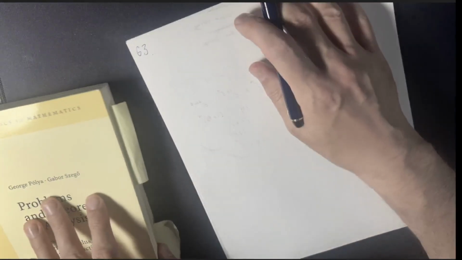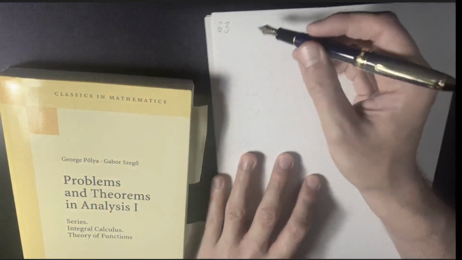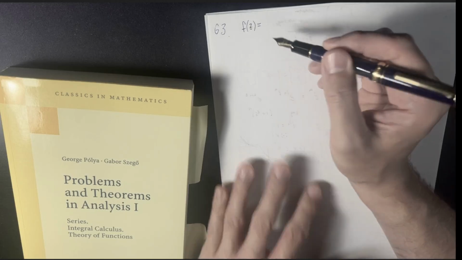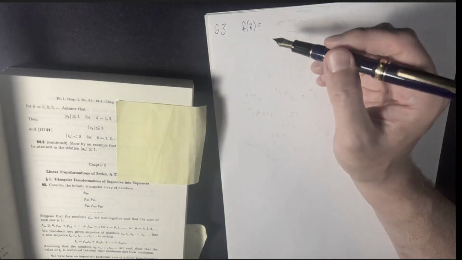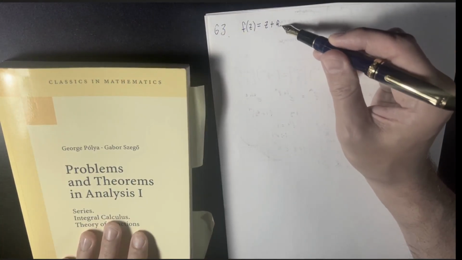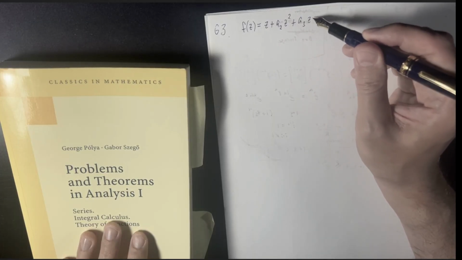And it says, suppose you have a function z plus a2z squared plus a3z cubed, and so on.